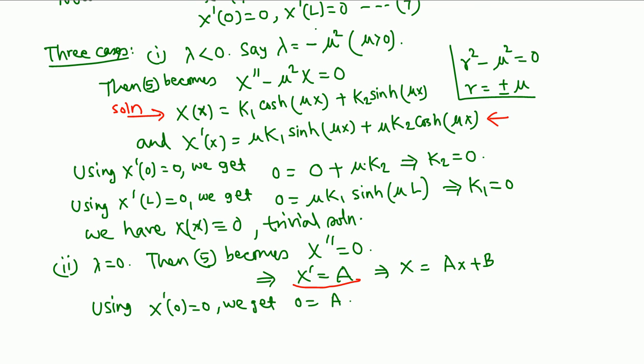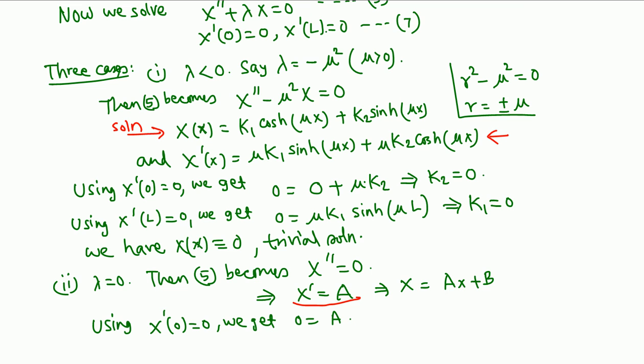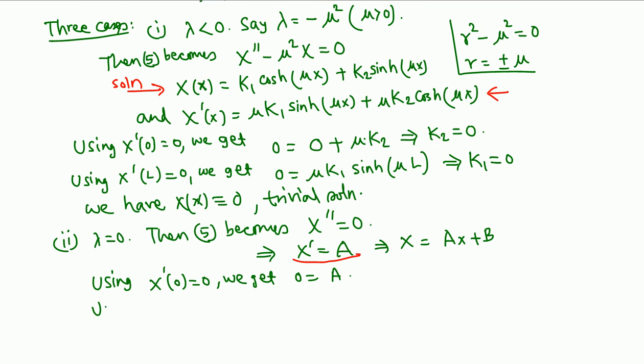But we have to use the second boundary condition. Let's use the second, X prime at L equals 0. Using X prime at L equals 0, there is nothing to plug in, just the pure constant, so we again get the same thing, a equals 0.